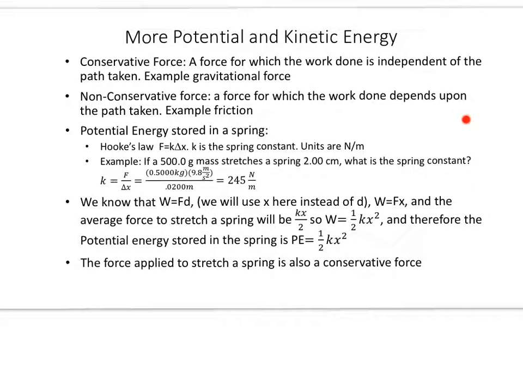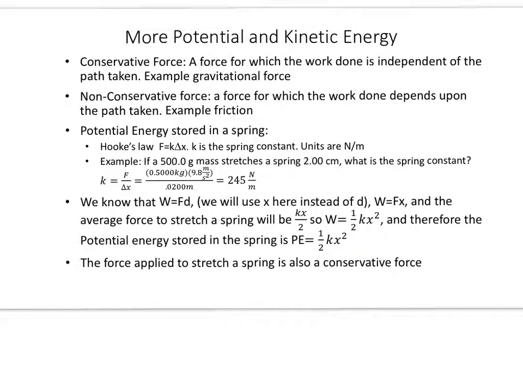So to stretch it a little bit takes a smaller force, a little more, a bigger force. And so kx over 2 would be the average force to stretch the spring a distance x. So we're going to substitute that into this work formula, and so we get 1/2 k times x squared.